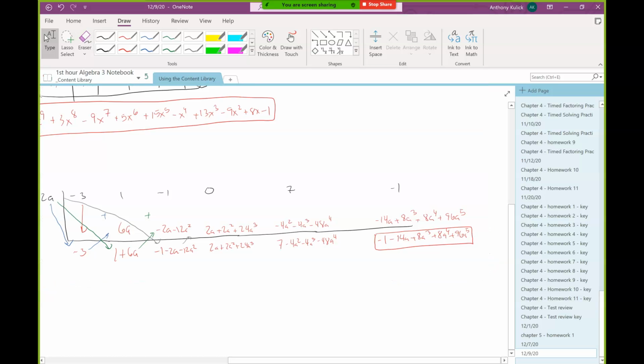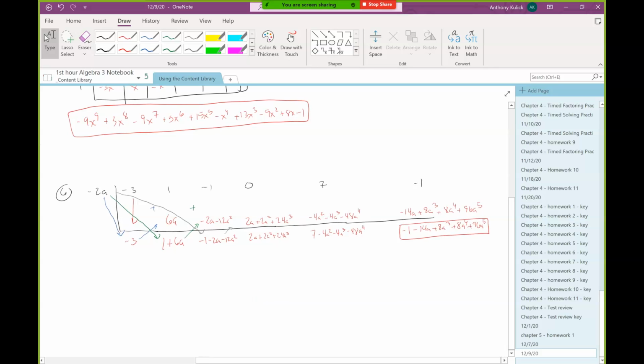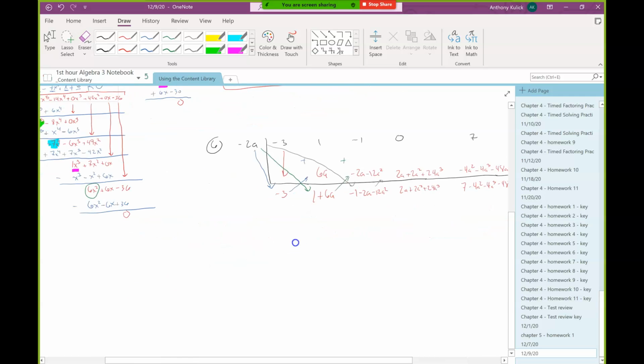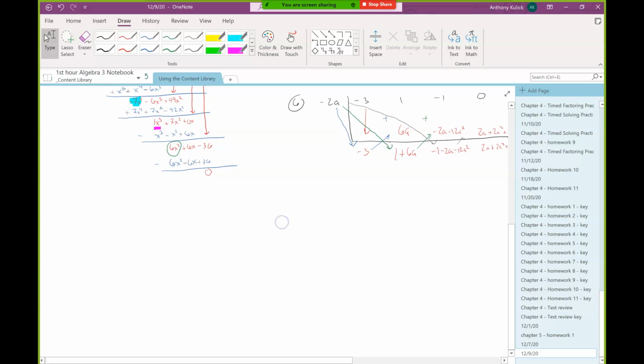All right. So today we're going to do two things. The first thing we're going to do is talk about a polynomial division shortcut.